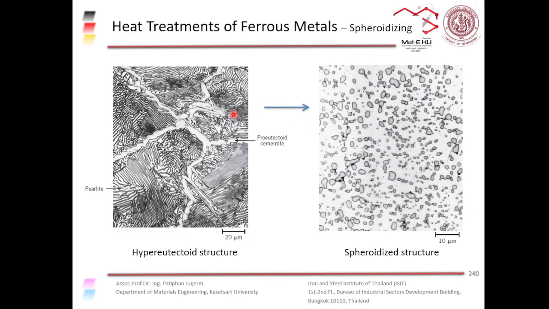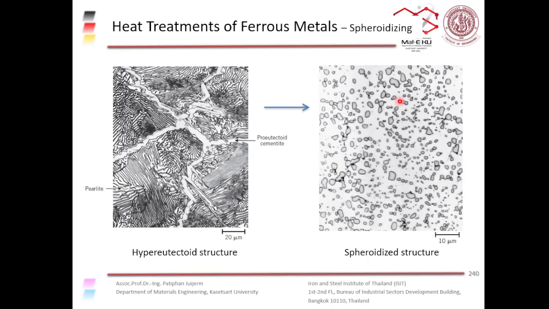You can see that the white bits, the ferrite bits, remain the same. You have ferrite and the grayish bits here in the spheroidite structure. These are all cementite.